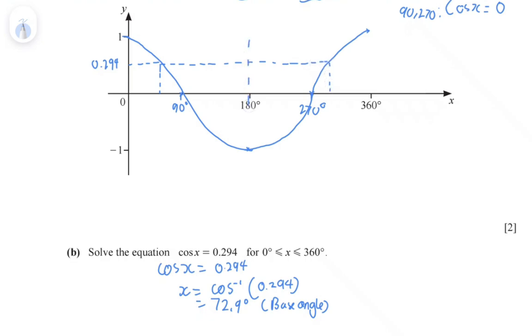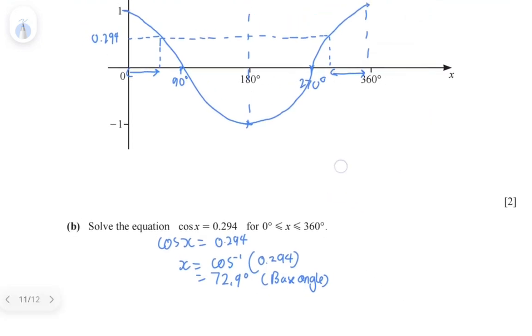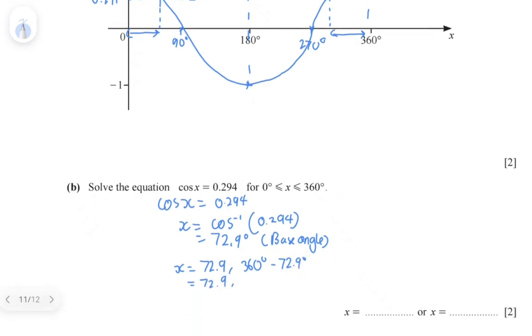Seeing as this graph is symmetrical, we know that this gap here is the same as this gap here. So to find these angles, the first one is 72.9 and the second one is 360 degrees minus 72.9 degrees, which is 287.1 degrees.